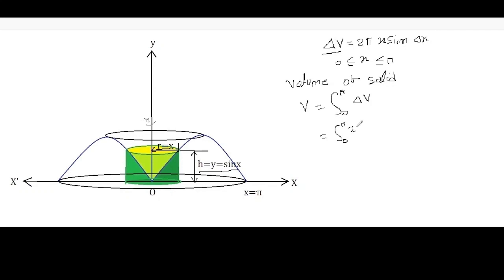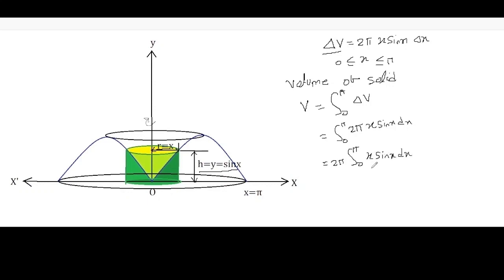So it comes as 2 pi x sin x dx. 2 pi is a constant, so we can take the 2 pi outside the integral. It finally gives us the integral from 0 to pi of x sin x dx.